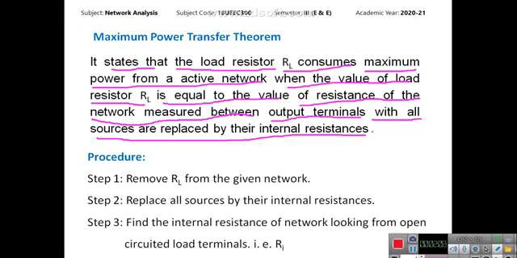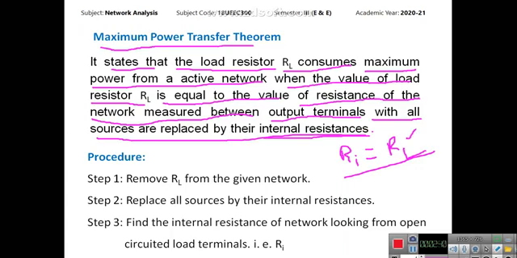That means you have to remove the load resistor and find the internal resistance of the circuit, which you can call Ri, the internal resistance of the network. That must be equal to RL. Then only can maximum power be transferred to the load resistor RL. So that is the definition.